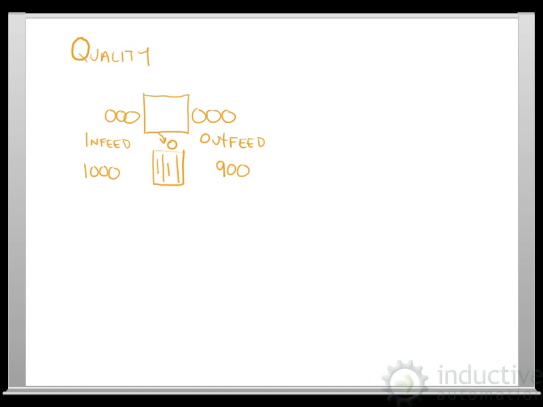So the basic formula that's typical with OEE is good units produced divided by units started.